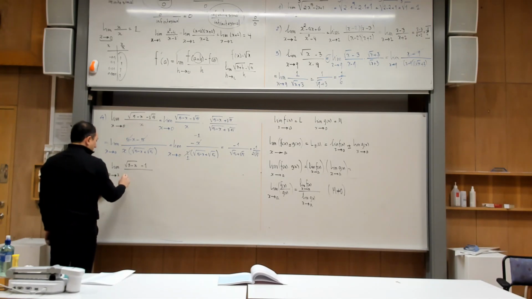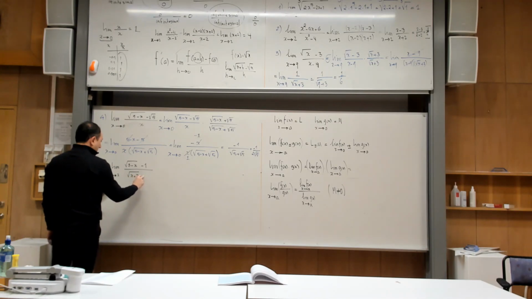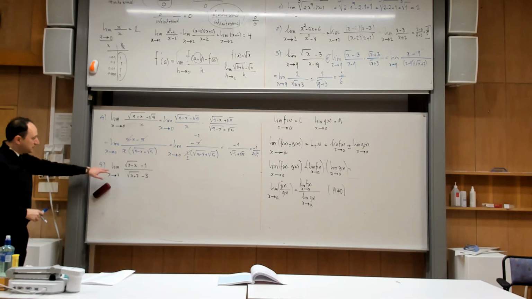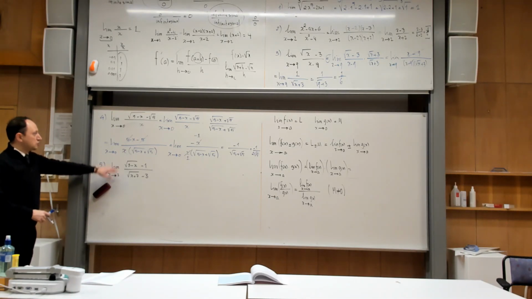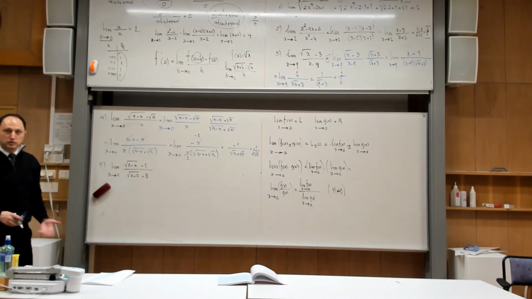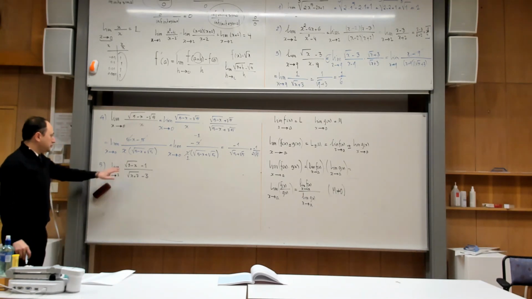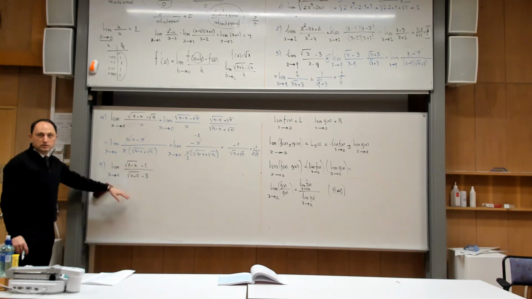And then let me write square root of x plus 7, minus 3. I haven't seen this type of example in the book. So far we have examples of this type in the book, but not this one. But I just want to tell you that it's not hard. The only difference is that I have put square root signs both in the numerator and the denominator.